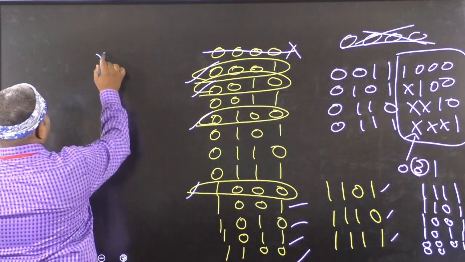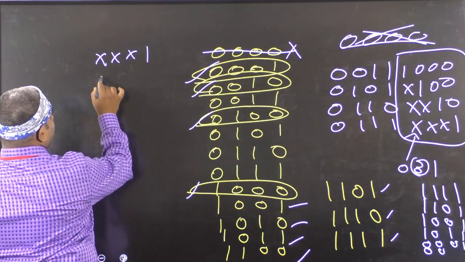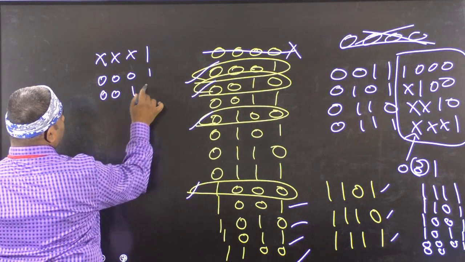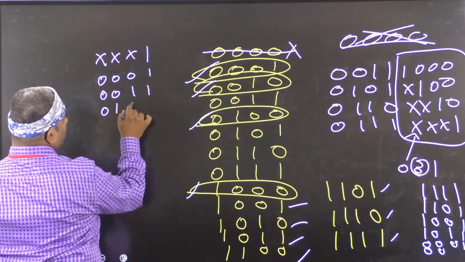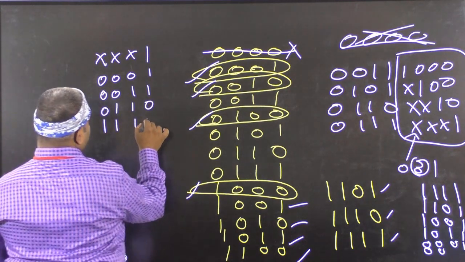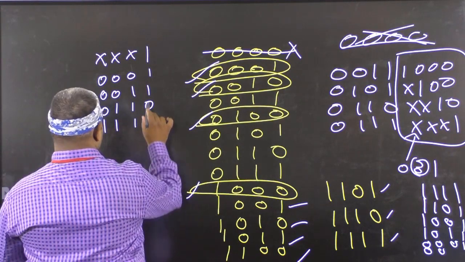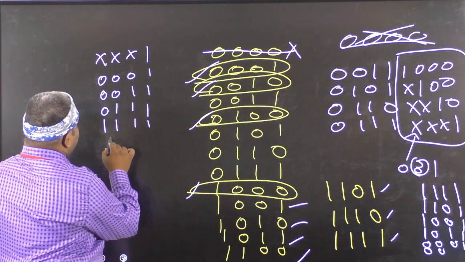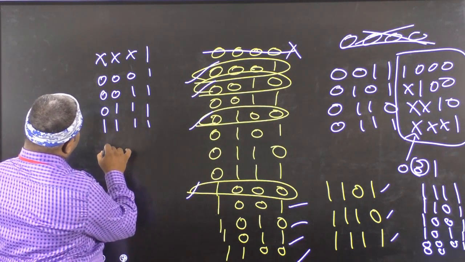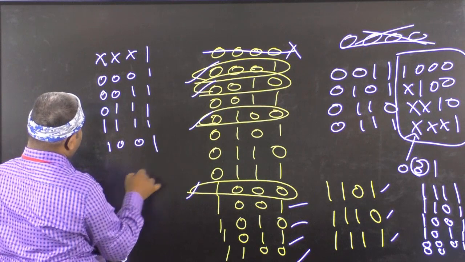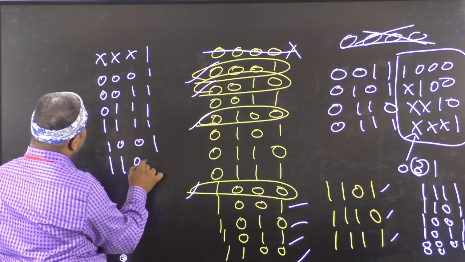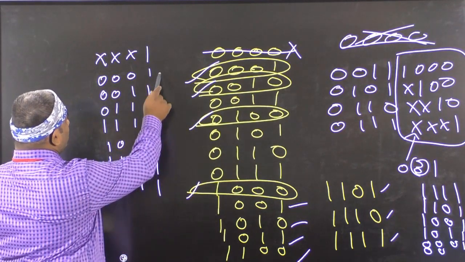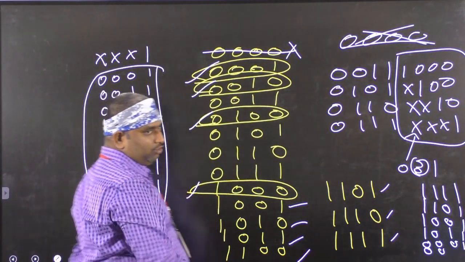So see here, XXX1 is representing 0001, otherwise 0011, maybe this combination, or next 1001 or 1101 or 1011. Okay, so here I have written some of the combinations.